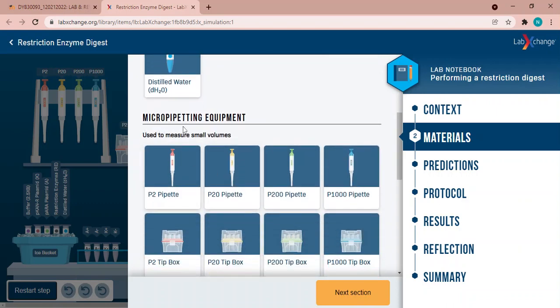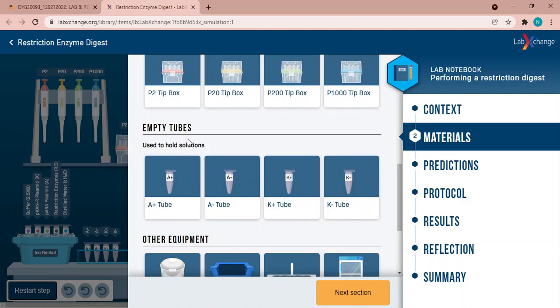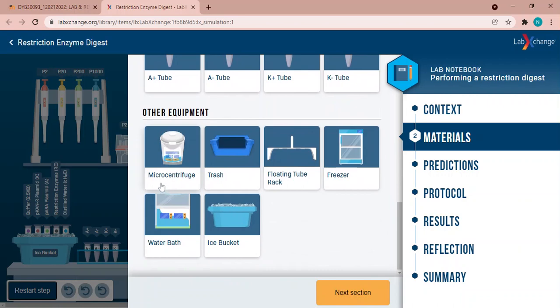The micropipette is equipment used to measure small volumes. Next, empty tubes used to hold solutions are the A plus tube, A minus tube, K plus tube, and K minus tube. Other equipment is a microcentrifuge, trash, floating tube rack, freezer, water bath, and ice bucket.